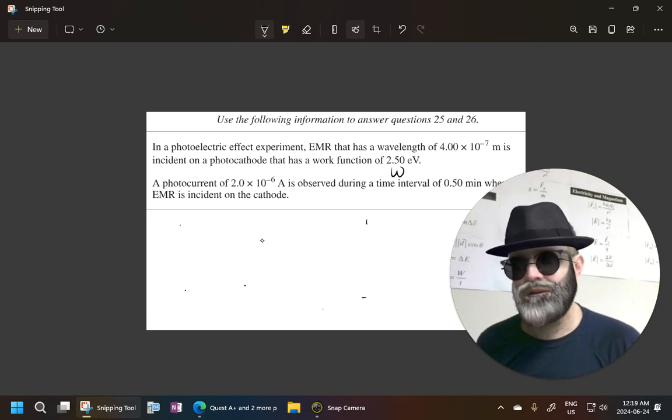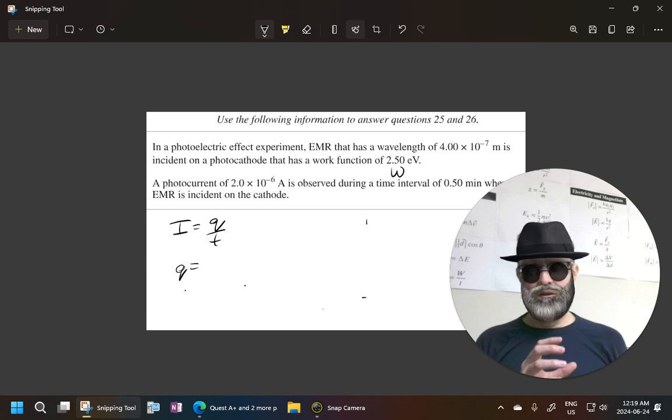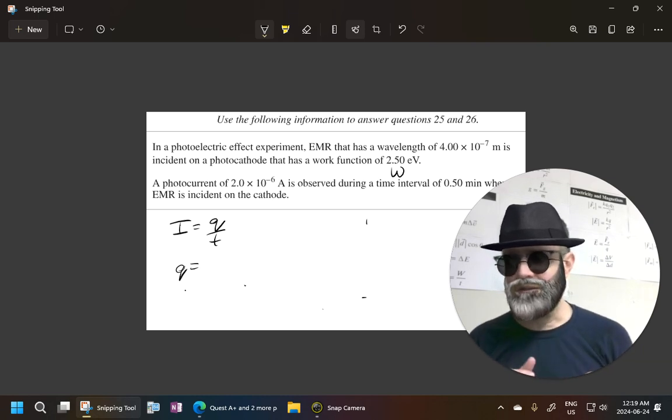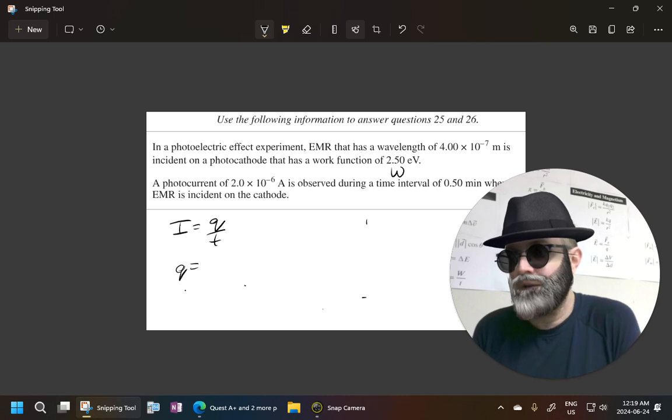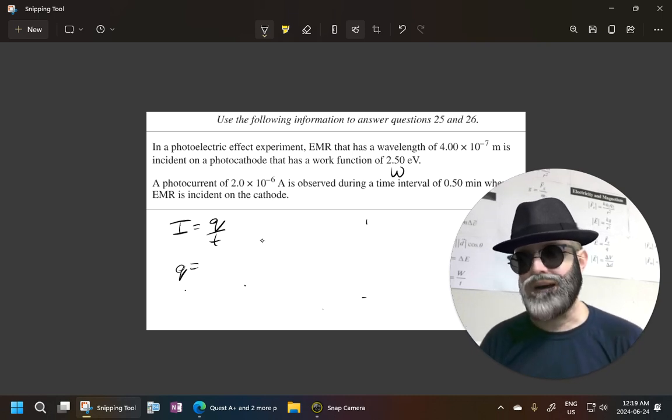Remember that current I is equal to Q over t. The charge of the current is made up of all of these electrons, so if I can find the charge, I can find how many electrons that is because I know how big an electron is. So I'm going to go I times t. My current's just fine, I don't have to change that. If it was in milliamps, then I'd have to change it.